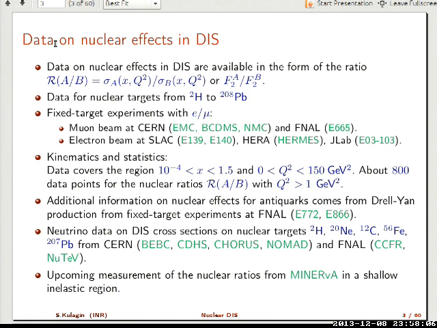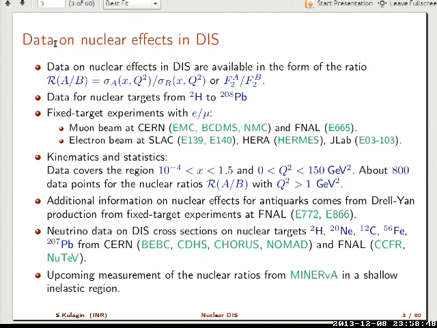The kinematics is quite wide, covering the region starting from quite low x, down to 10^-4, but this low x is for fixed target experiments usually correlated with low Q squared, and coming to the region which is kinematically forbidden for a free nucleon. There are about 800 data points which can be analyzed if we apply a cut of Q squared above 1.